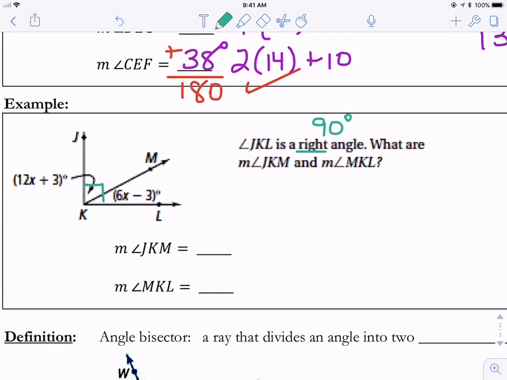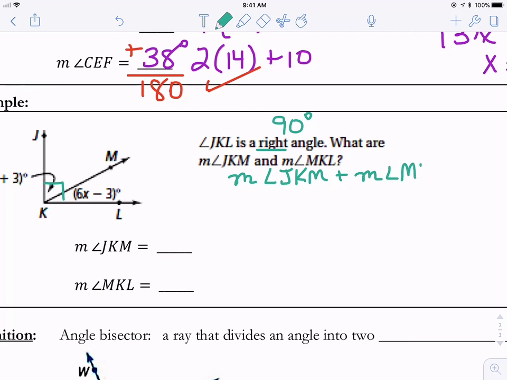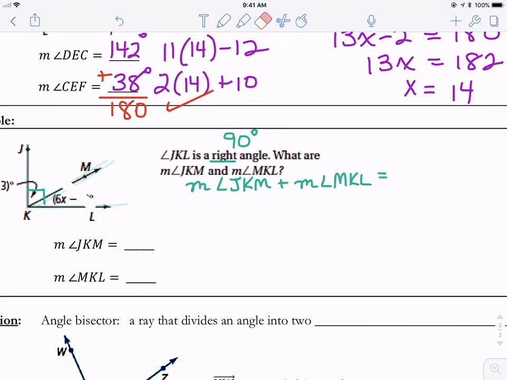Okay, so this time, again, just to practice, the measure of angle JKM plus the measure of angle MKL, so JKM plus MKL is equal to the measure of the big angle, which is JKL, the measure of angle JKL.